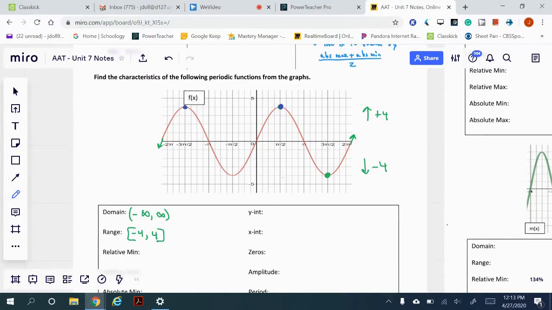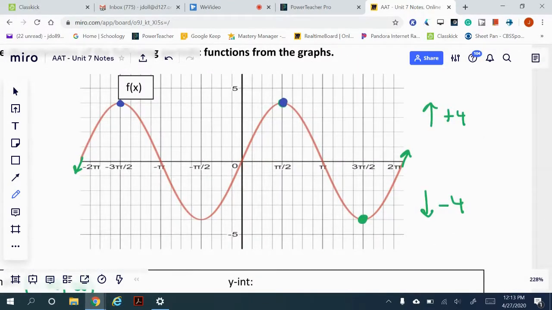The question is, how far does it take to get from one relative max or min to another? Here is where we talked about working in radians. You can see the x-axis of our graph here is in radians. The x-axis of our trig functions is almost always going to be listed in radians, so we're going to have to be able to work with fractions. We talked about that in the previous set of notes. If I go from -3π/2, so I start here, all the way to +π/2, how far is that distance?